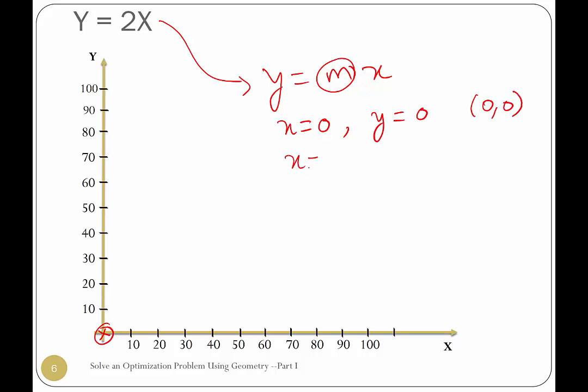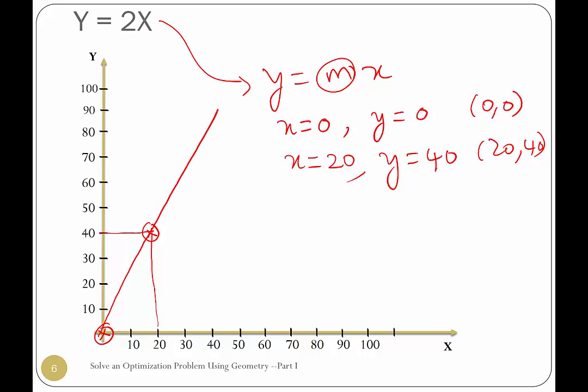And if you plug x equal to, let's say 20, y will become 40. So the second point is (20, 40). So 20 is somewhere here, 40. So this is your (20, 40). Now you have to draw a line joining those 2 points. So any point on this line is feasible to this equation, y equal to 2x.